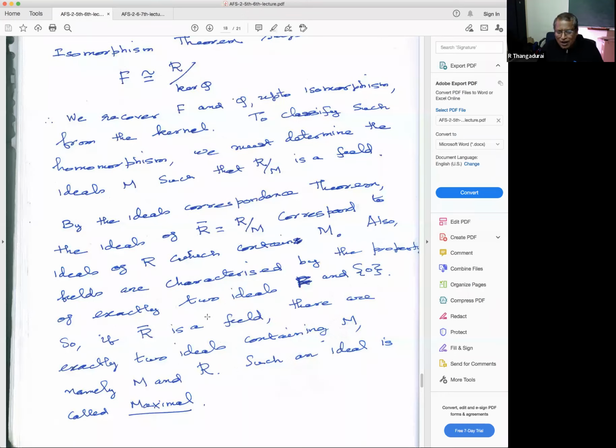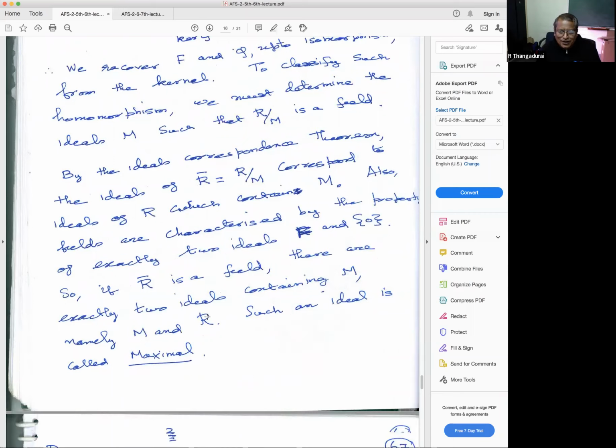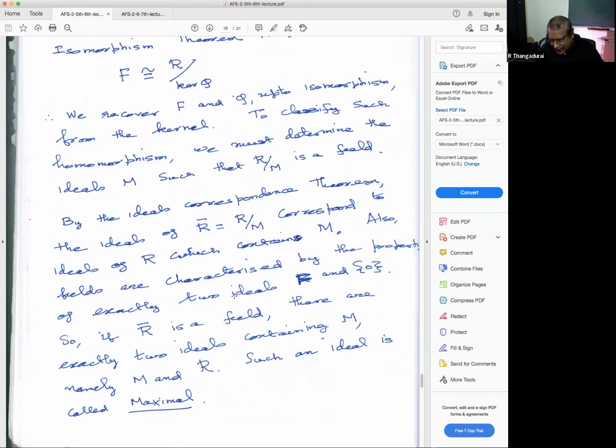So the whole quotient ring and the zero ideal correspond to R and M only. There are only two because we have a bijective correspondence between all the ideals containing M and all the ideals of the quotient ring. Therefore we have only two ideals, M and R, in the ring R having this property.